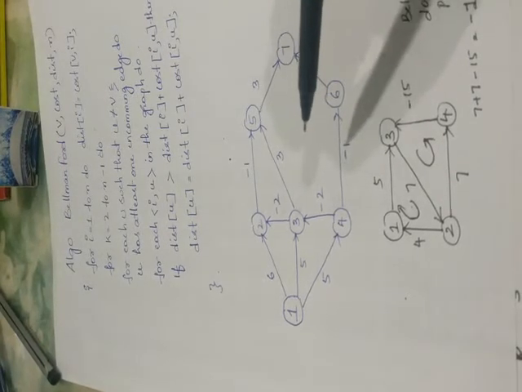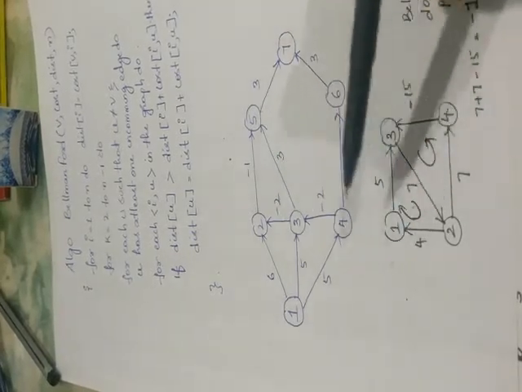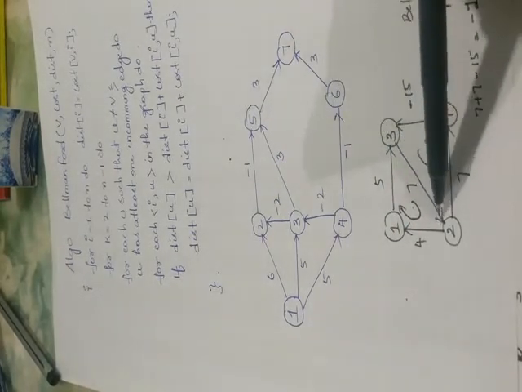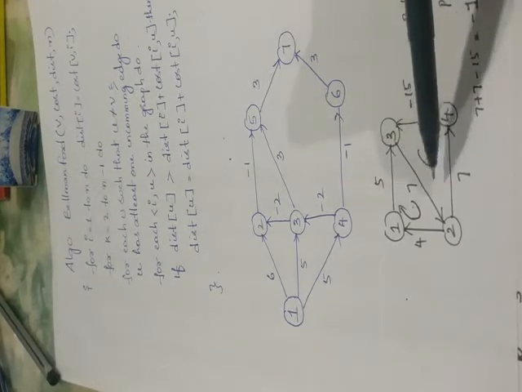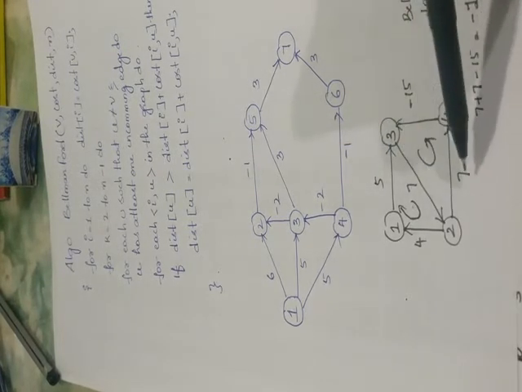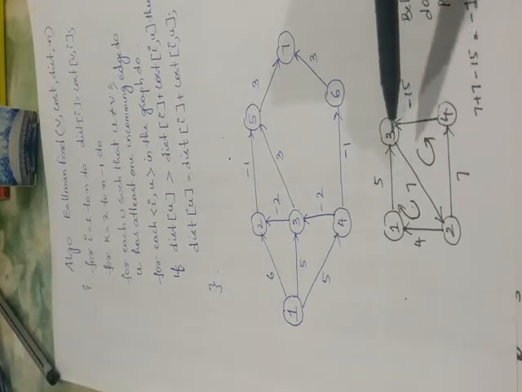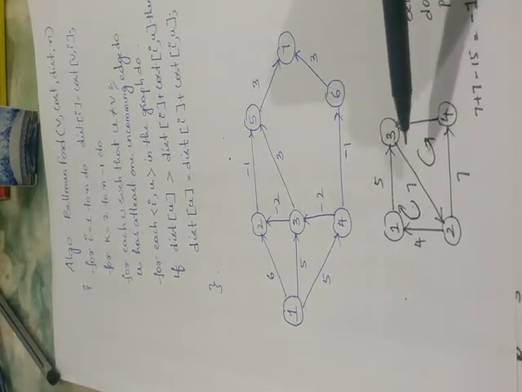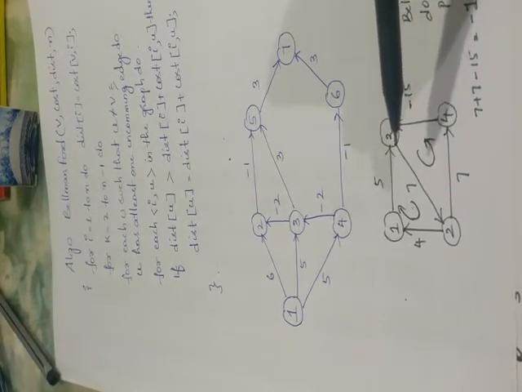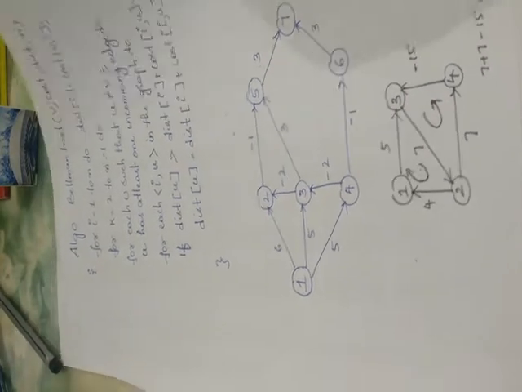Say here 3 to 2, 2 to 4, 4 to 3, it is creating a negative cycle, and this is 7 plus 7, 14, 14 minus 15 is minus 1. Whenever we traverse through a cycle, it creates a negative value. Then in this case, Bellman-Ford might not give the exact result.